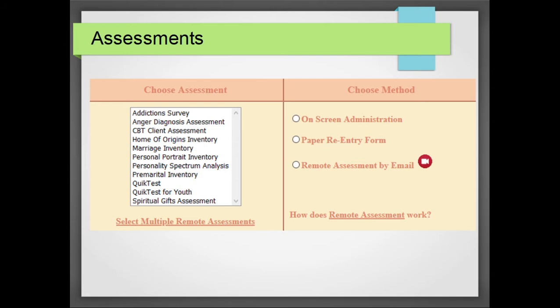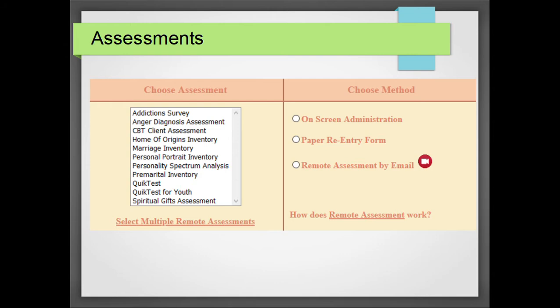Anger diagnosis, this is something that is critical in counseling. Cognitive behavioral therapist client assessment. Here we assess 13 different cognitive distortions, and you get Socratic questions along with that are extremely detailed.